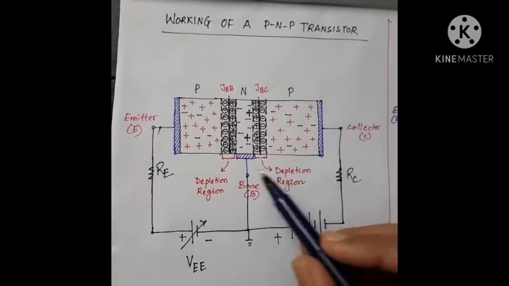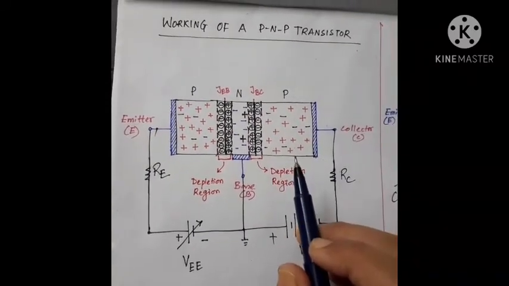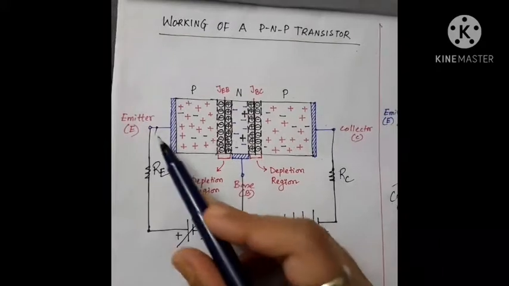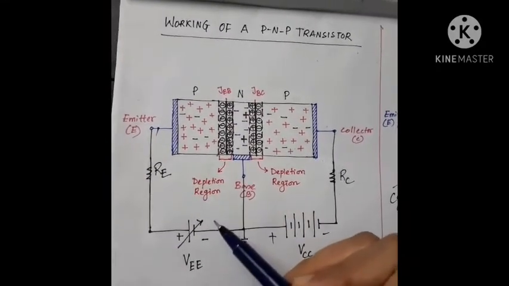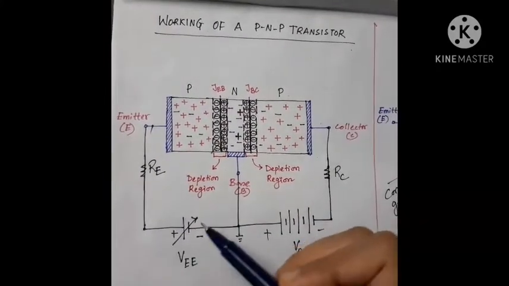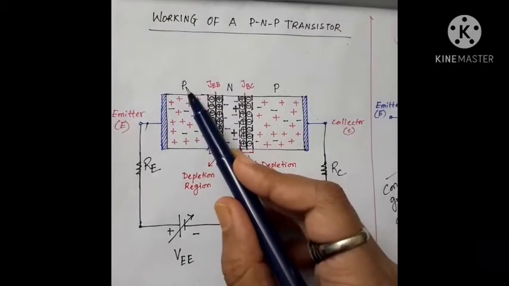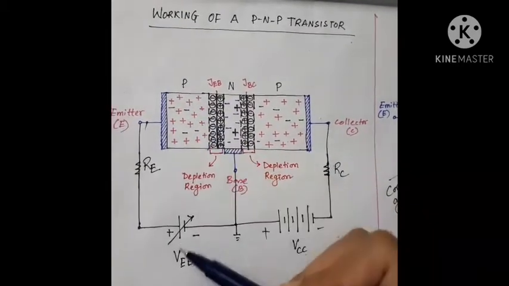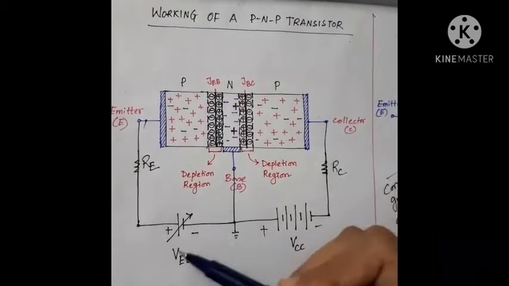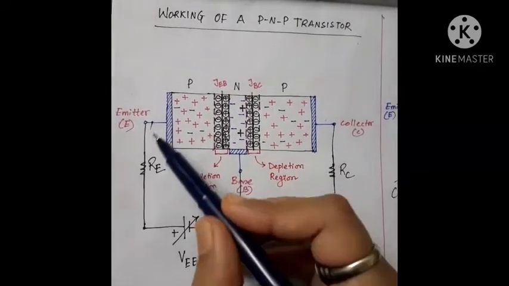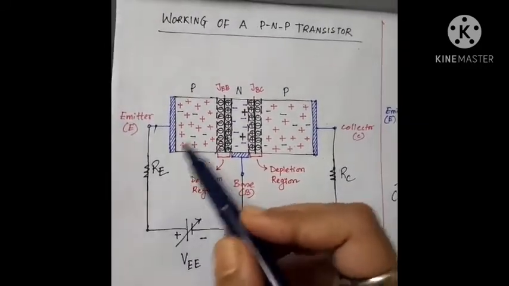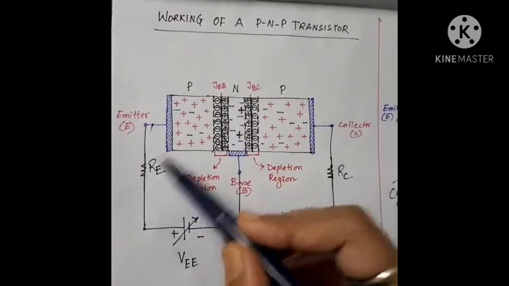Now, to understand the working of a PNP transistor properly, the emitter base junction is made forward biased. As you can see, it is a p-type material connected with the positive terminal of the voltage source VEE through a resistor RE. This resistor is optional.